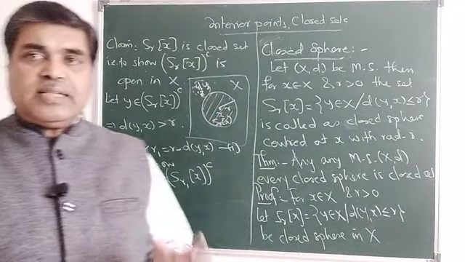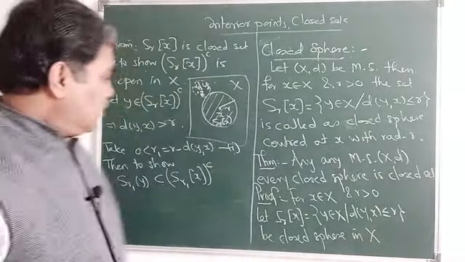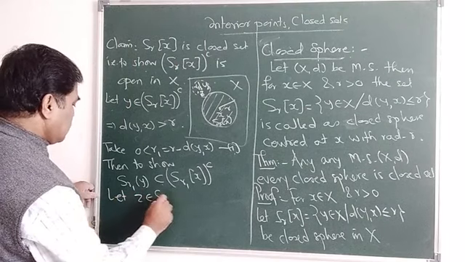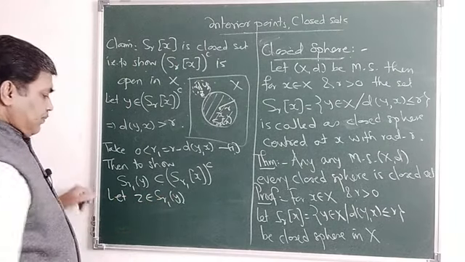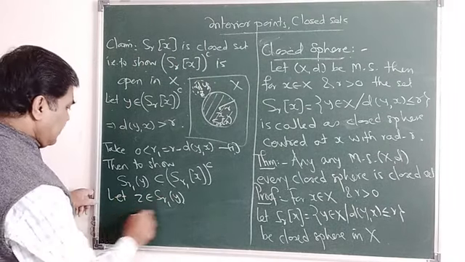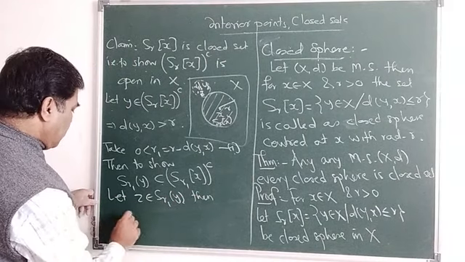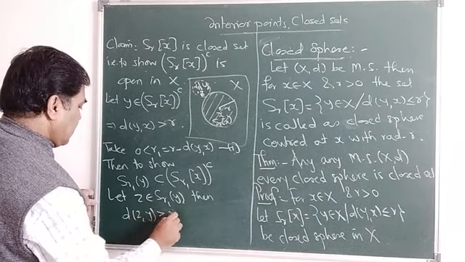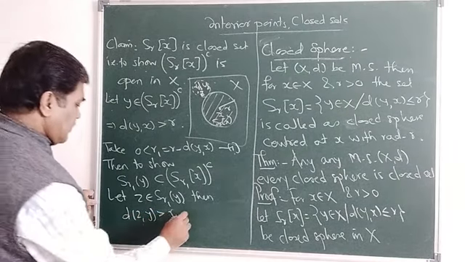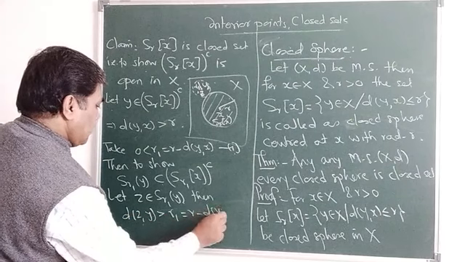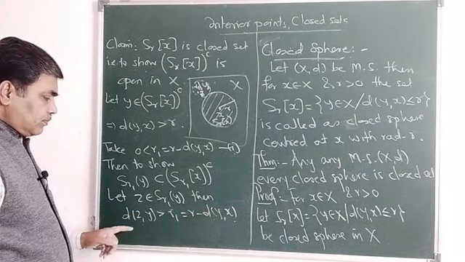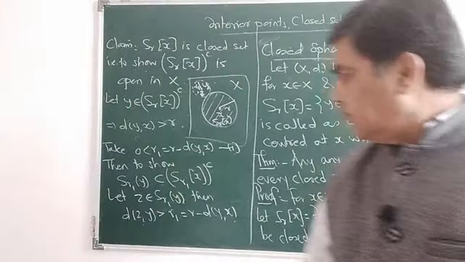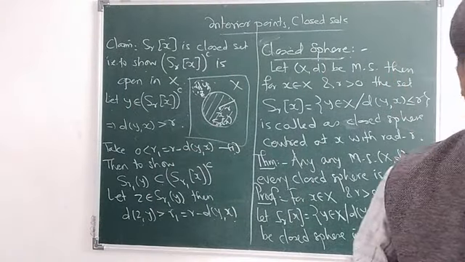So let z belong to S_r1(y). Then d(z, y) is less than r1, which equals d(y, x) minus r. Is it clear?